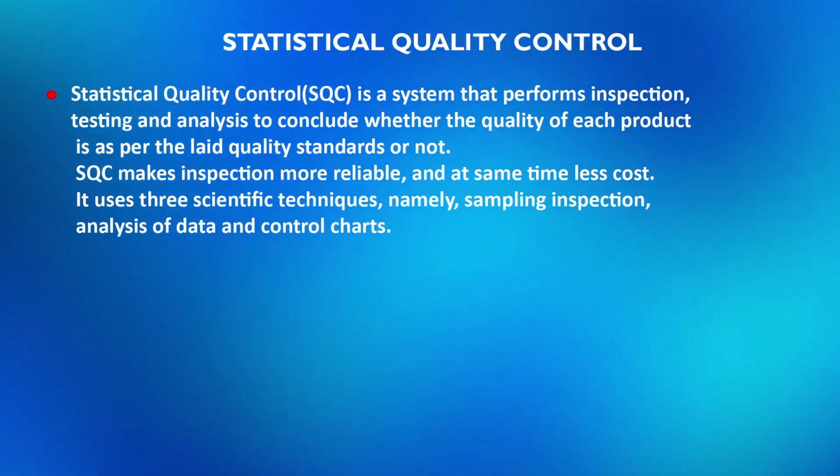It is mainly used in the manufacturing process to identify defects and rectify them immediately, or, by collecting data, we can analyze why the defectives are taking place. It may be a machining process defect, a tool defect, or a material defect. That is the importance of statistical quality control.